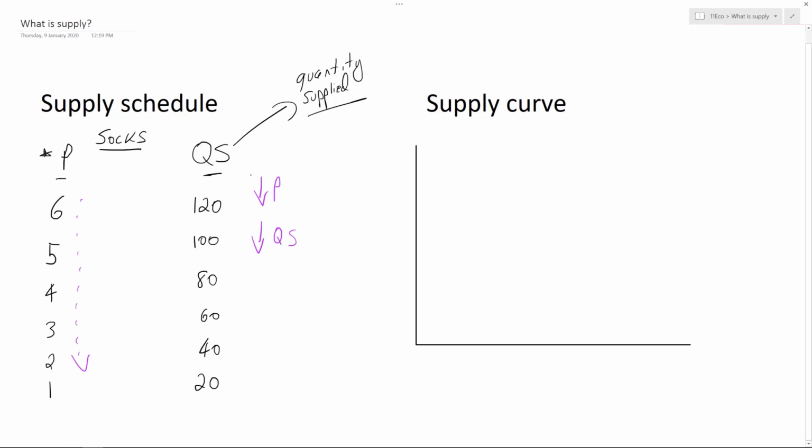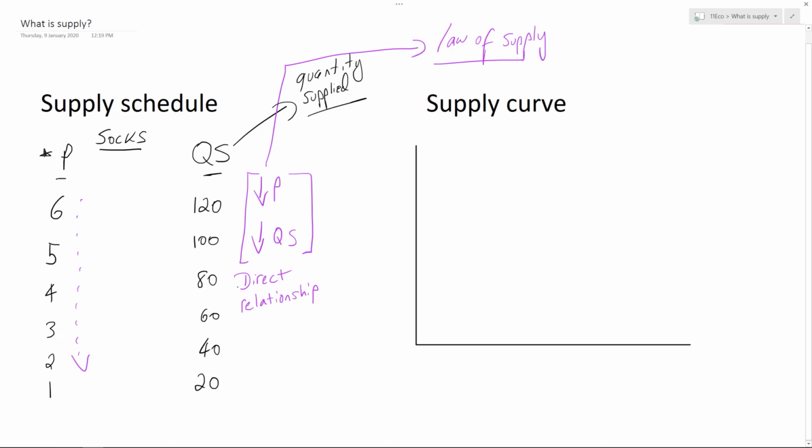And when we're talking about a fall in price leading to a fall in quantity supplied, this is a good demonstration of the law of supply. If we look at this kind of relationship, there is a direct relationship between price and quantity supplied, their movements will track each other, unlike demand, where it's an inverse relationship.